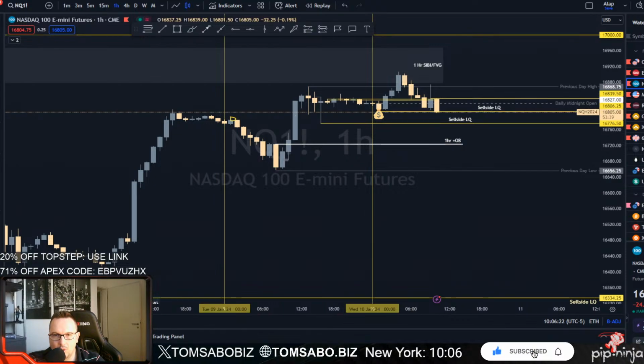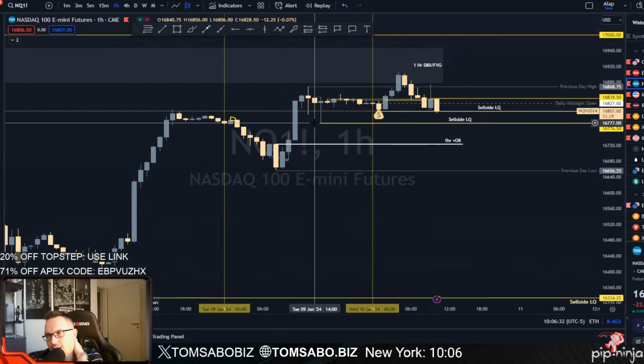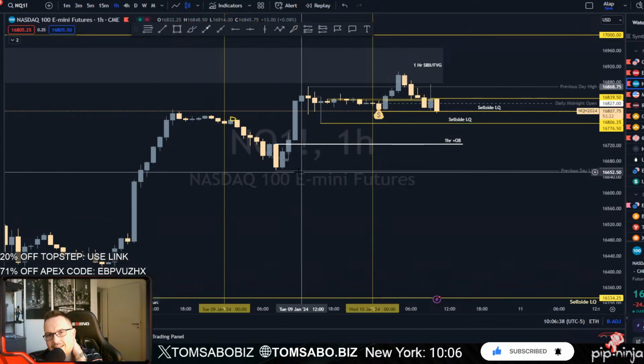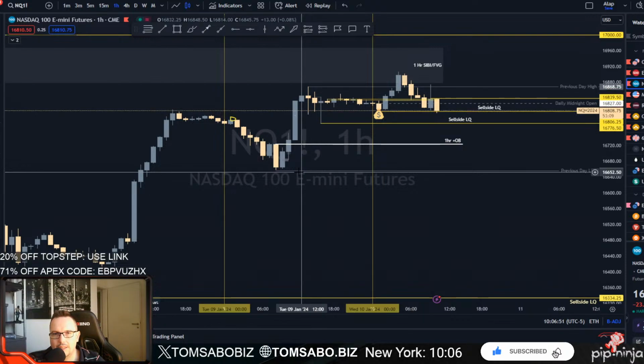I think it should go below 800. If this is a distribution, then it should take out this candle right here at 776 as well. I don't know. We'll see, I guess.